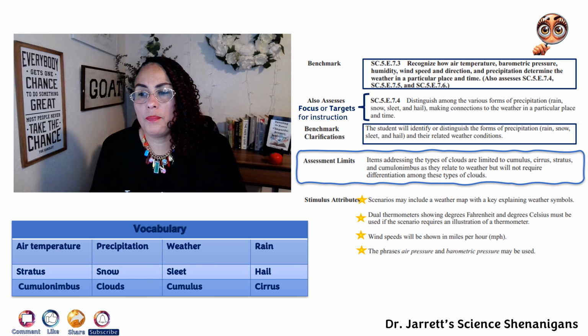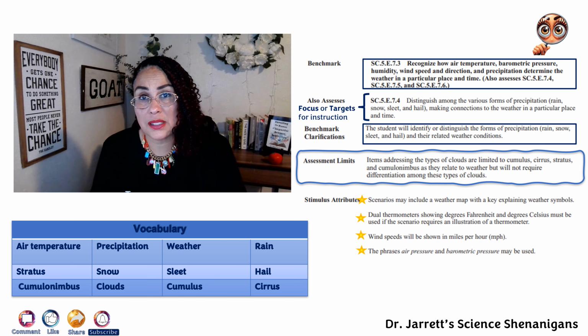Also, when we are looking at this, we're definitely going to need thermometers because the students are going to need to be able to look at that thermometer and determine if it is below freezing, then what is going to happen? Is it still going to stay rain or is it going to turn into sleet or snow?